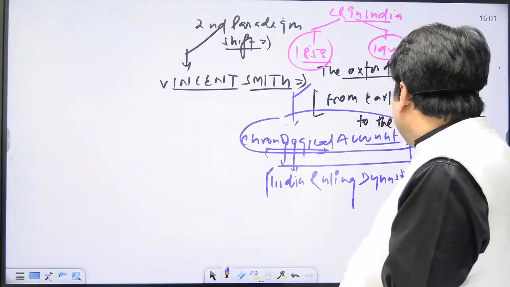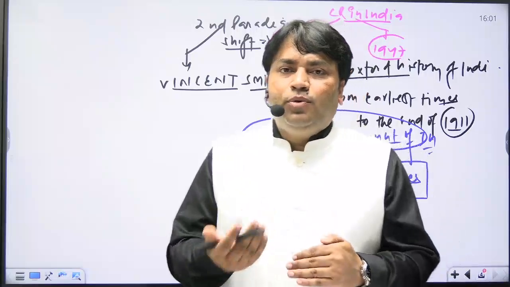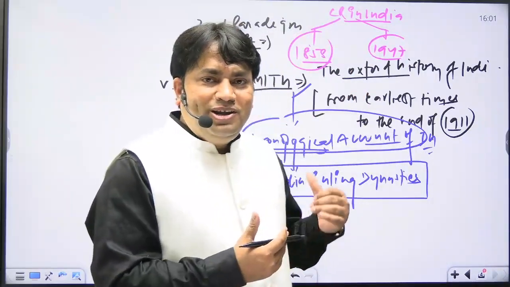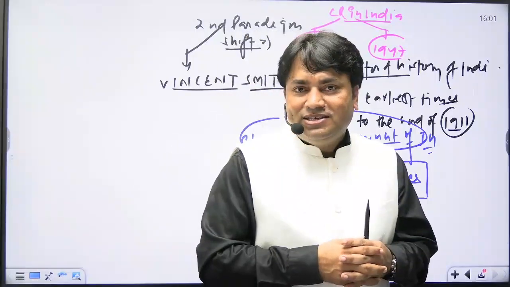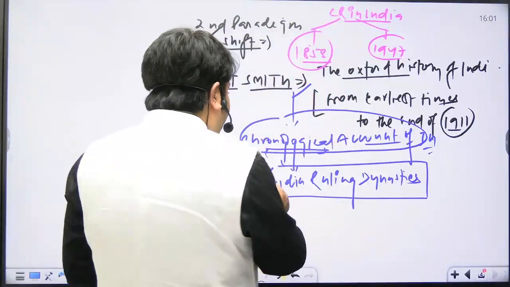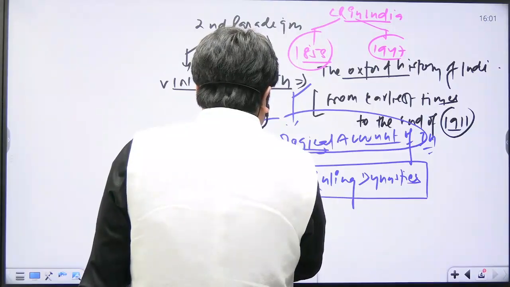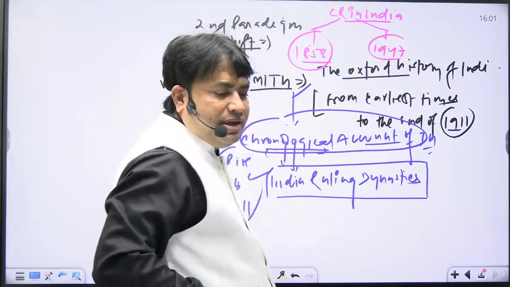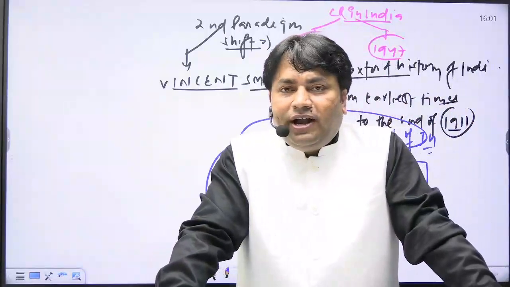According to Vincent Smith, history was the history of ruling dynasties, the story of the rise of dynasties and the story of their fall. Now this became the important focus in history writing.